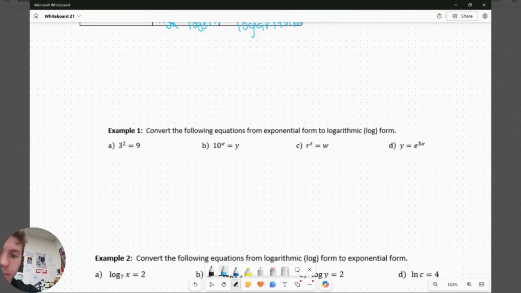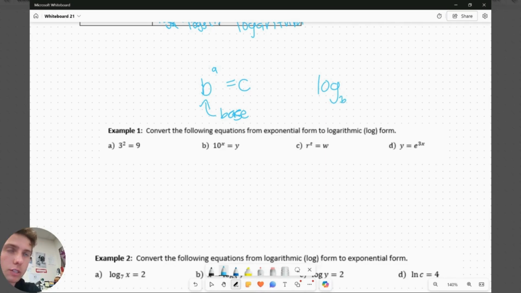One thing to note, if I have an exponent, let's say b raised to the a equals c, b is the base of your exponent. In order to change that to your log form, the b remains the base. Log base b.